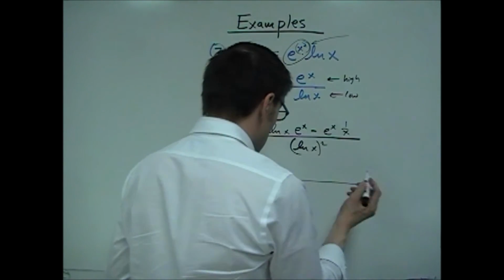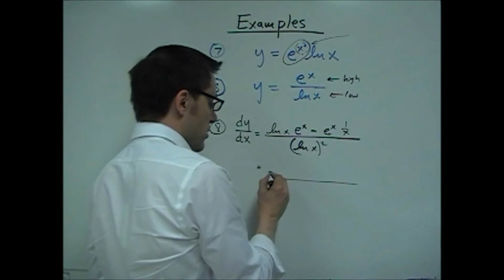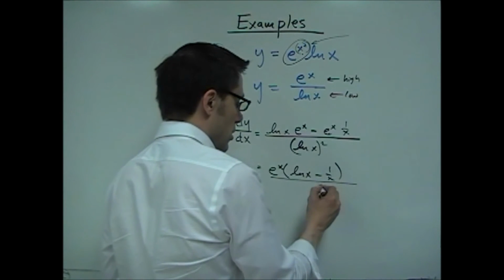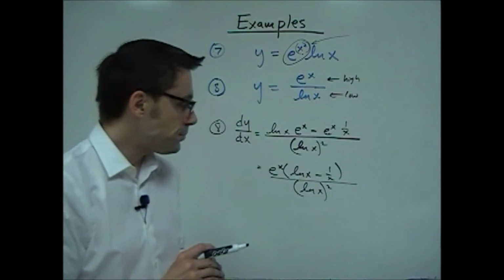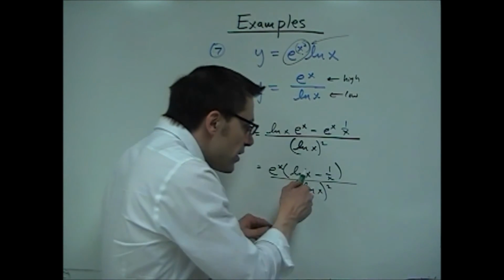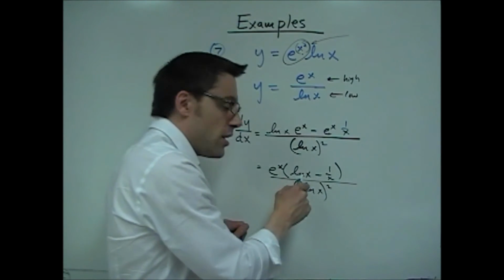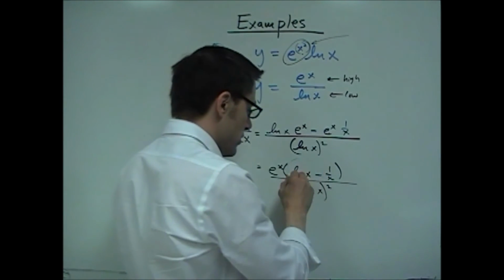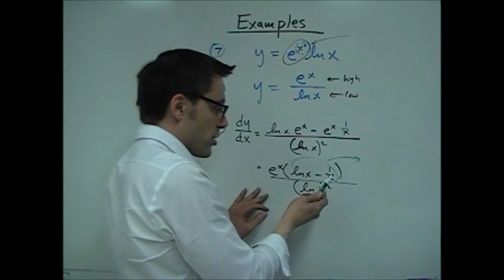Notice, as a first step, that the numerator has a common e to the x, so I can factor that out. I've got log x here minus 1 over x all over natural log of x, quantity squared, right? Now, also, with this stuff inside of the parentheses in the numerator, I can get a common denominator. You can do this any way you want, but I'm going to write this in terms of a single fraction.